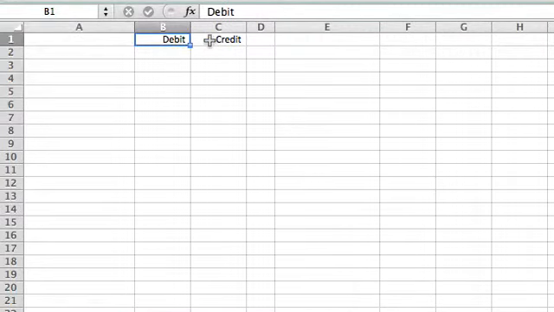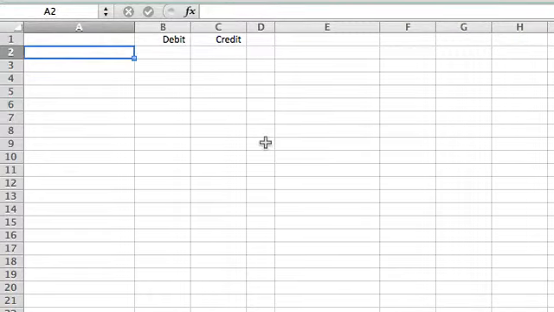The debits are always on the left, credits are on the right. They contributed $100,000. It increased our cash and assets by $100,000, and it increased our equity in the form of capital, of common stock, by $100,000. As you recall from the previous video, to increase an asset, we debit it.